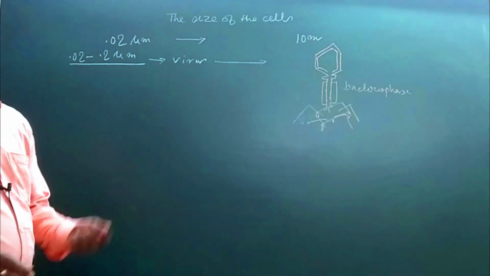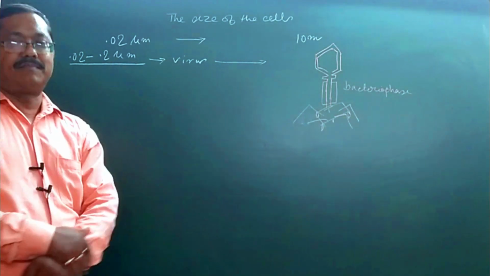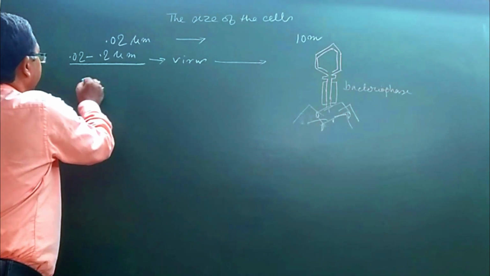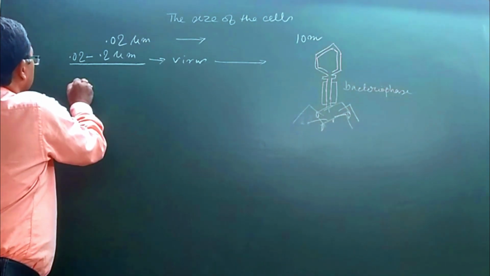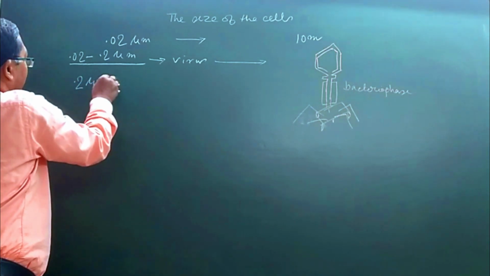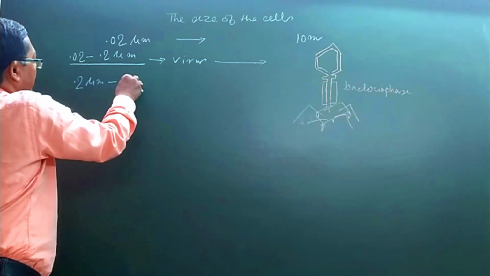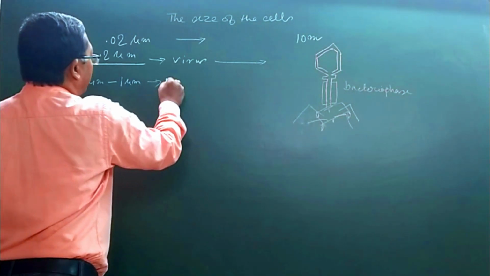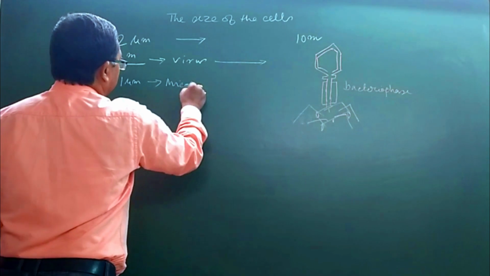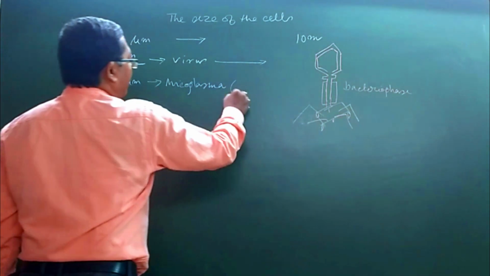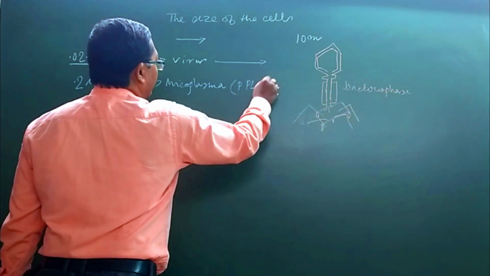Then, greater than the size of the virus, the size ranges from 0.2 micrometer to 1 micrometer. This 1 micrometer range is found in the mycoplasma gallisepticum. It is the PPLO.